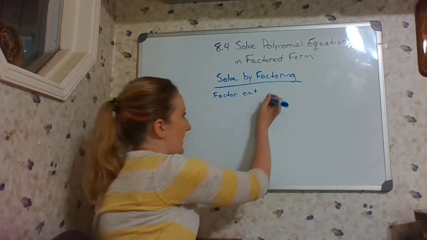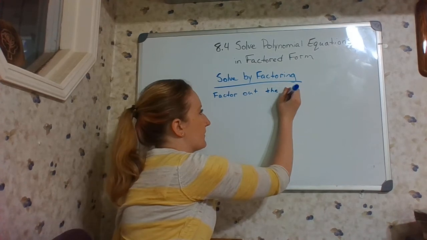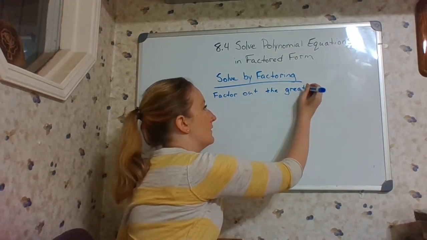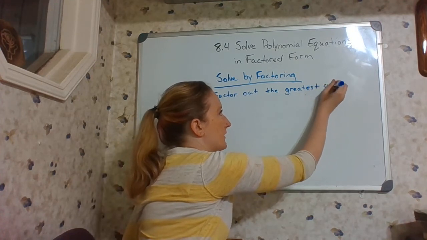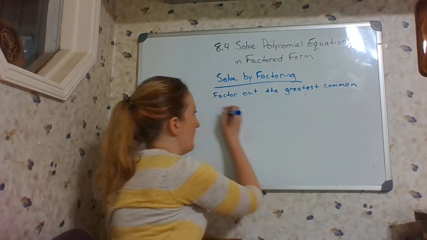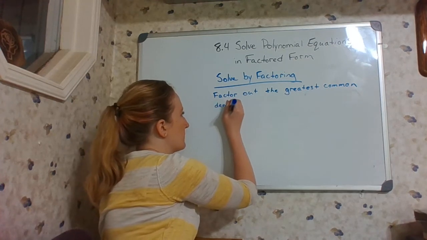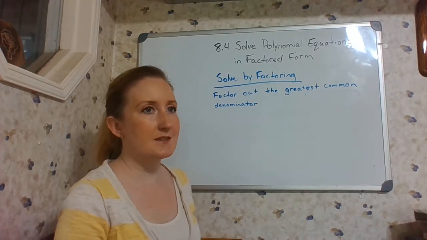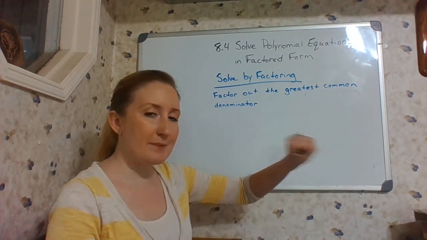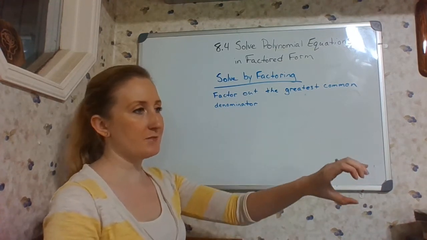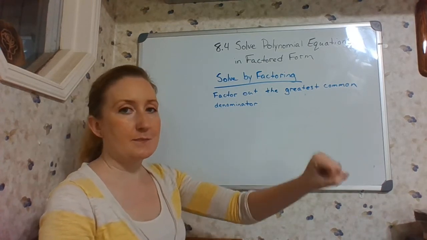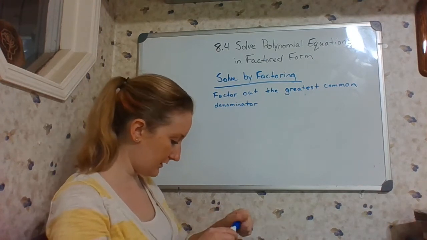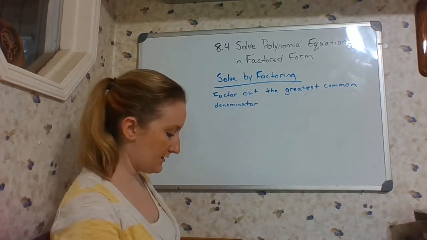So we're going to factor out the greatest common denominator. Essentially that means we're going to take whatever the biggest chunk is that we can pull out of all of the terms, or divide all of the terms by, and we're going to pull it out into the front of our equation. So that is going to look something like this.